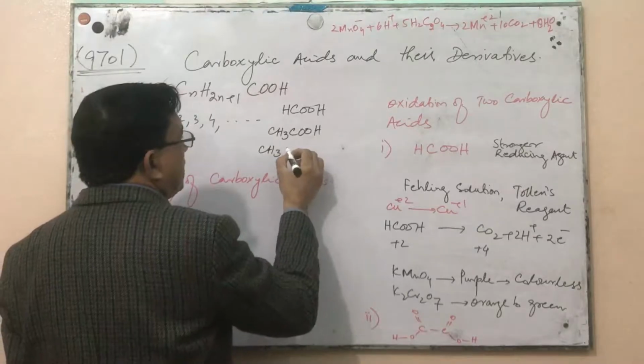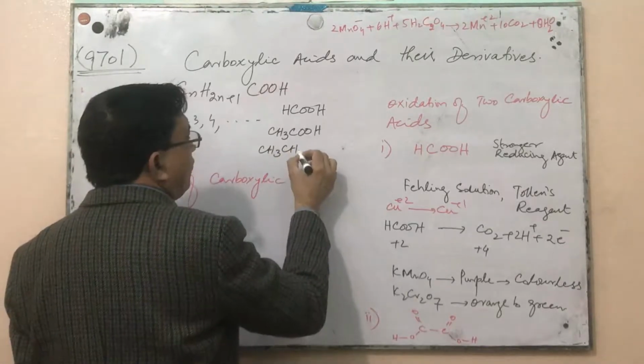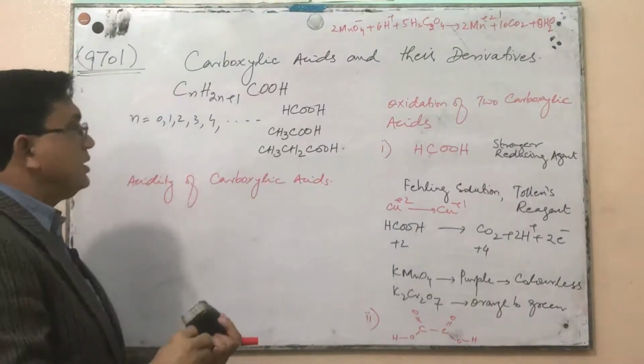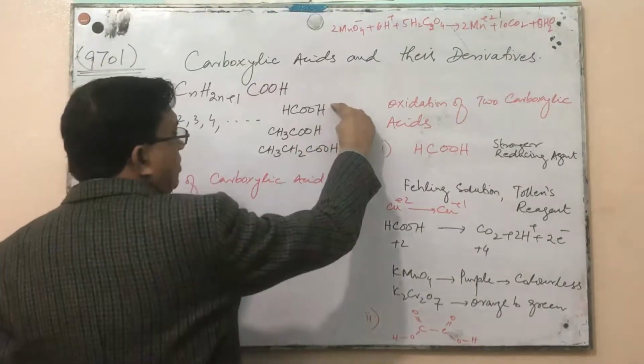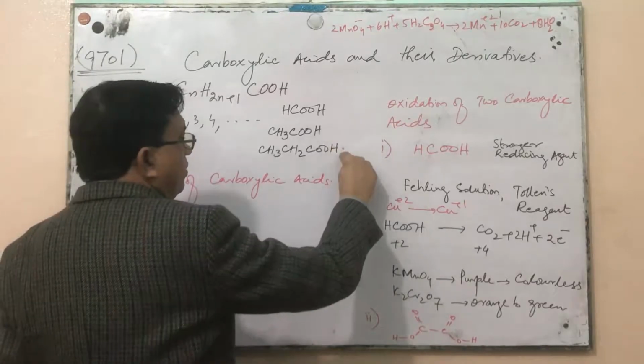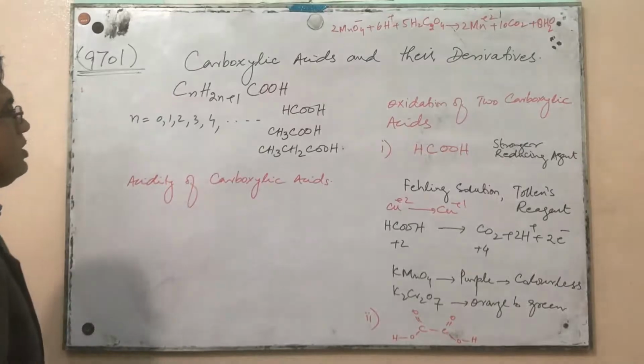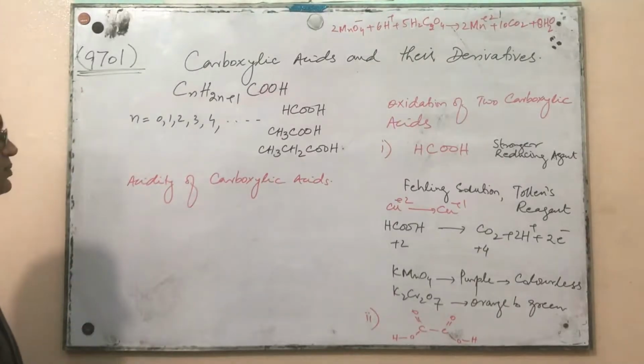As we continue adding to the n value, we will get the respective carboxylic acids: methanoic acid, ethanoic acid, propanoic acid, butanoic, pentanoic, hexanoic. We can get a homologous series of the carboxylic acids.